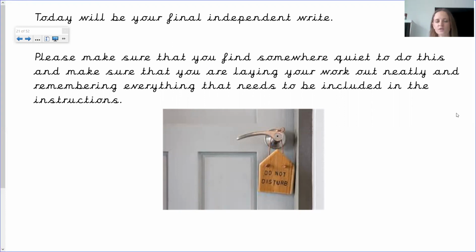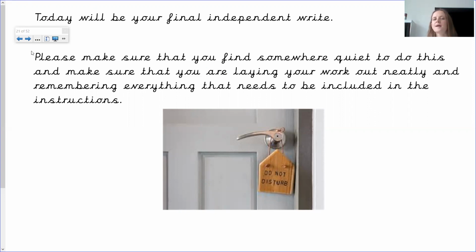You could also put the example text up if you would like. You could have the one that you've been writing and been editing and the way that you've laid it out. You can also have that just so you can see it and remind yourself how it should be laid out. So go and get all those things. Make sure you're writing somewhere quietly and that you are ready to do your work.